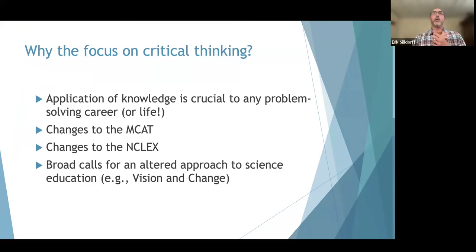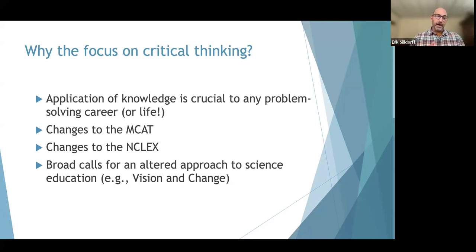So why this focus on critical thinking, right? Like why make this an end goal of your teaching? Application of knowledge is a crucial skill in any problem-solving career or in life in general, right? We want to generate students that have this ability to apply what they know. Within our discipline, there have been changes to physiology specifically, but this really applies across biology and probably some other related disciplines.